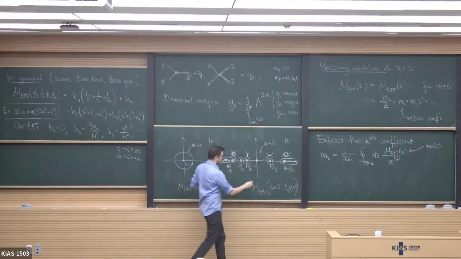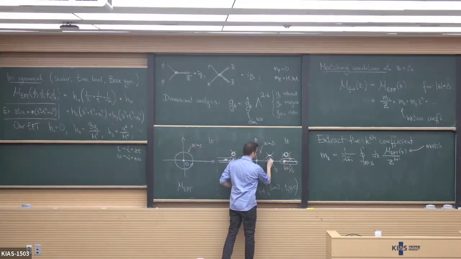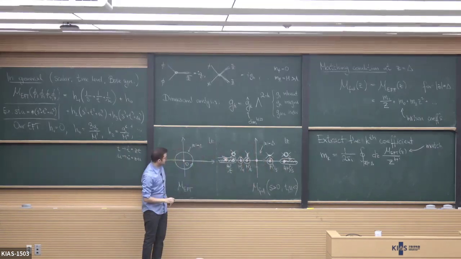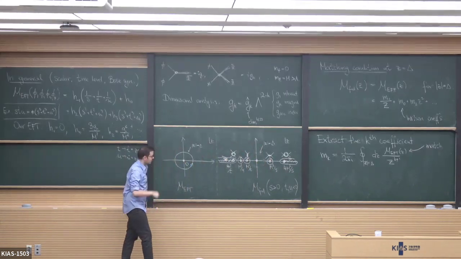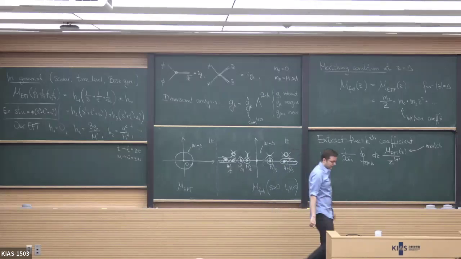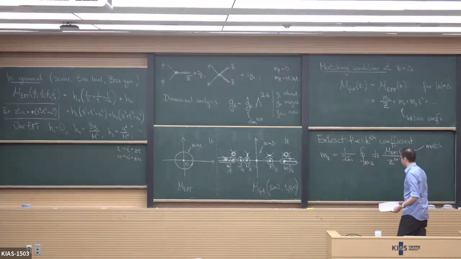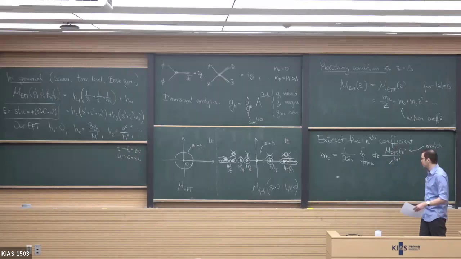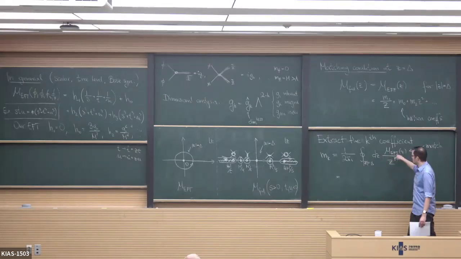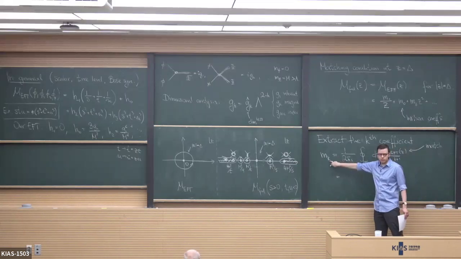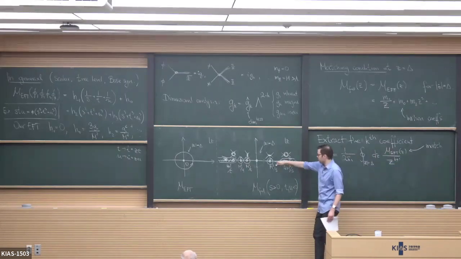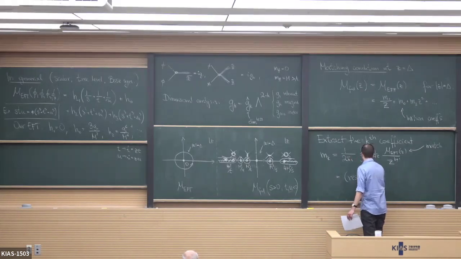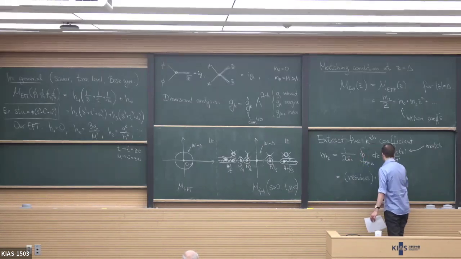I can be slightly careful about the orientation. Very schematically, I'm going to write a more explicit formula in a second: the Kf EFT coefficient can be expanded in terms of these residues and these cuts. So let me write it as residues plus discontinuities.